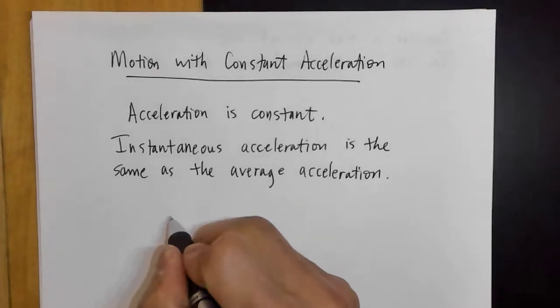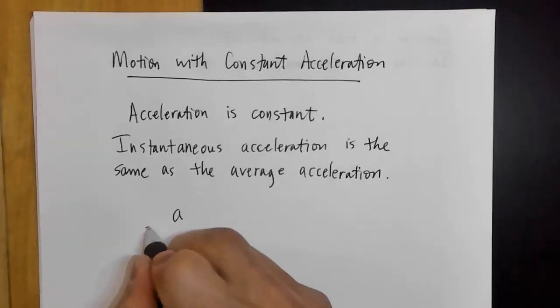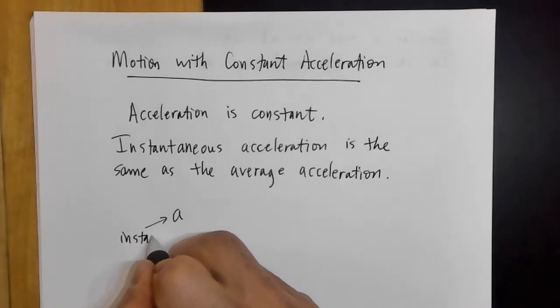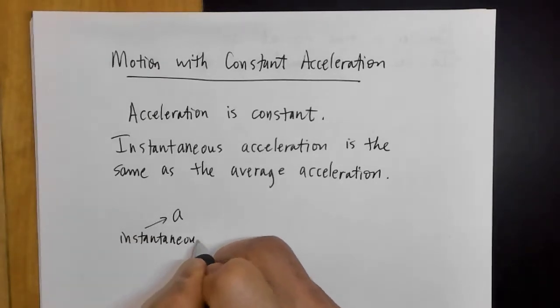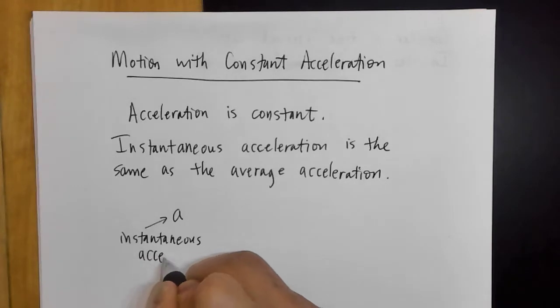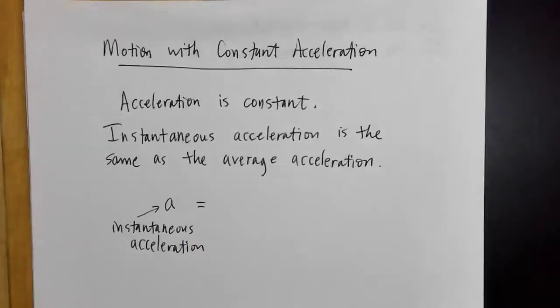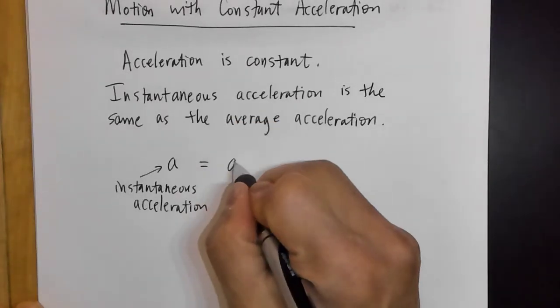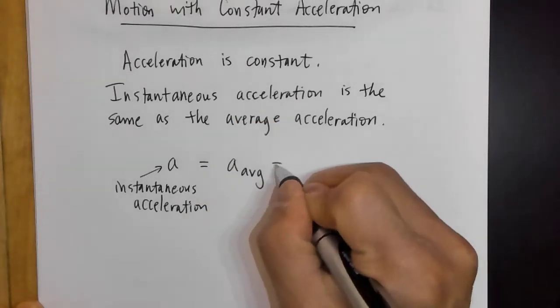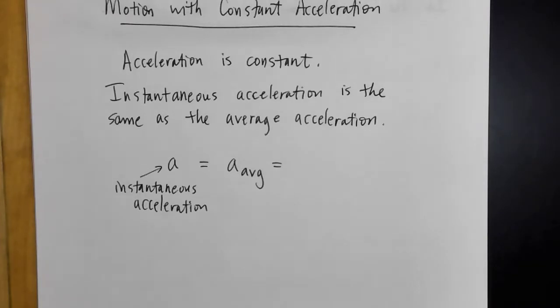Constants. Okay, so we wrote a for the instantaneous acceleration, or we just say acceleration, and by default it means instantaneous acceleration. But it's also equal to the average acceleration if we're talking about constant acceleration. Okay, we're staying in one dimension here. Everything's still in one dimension.